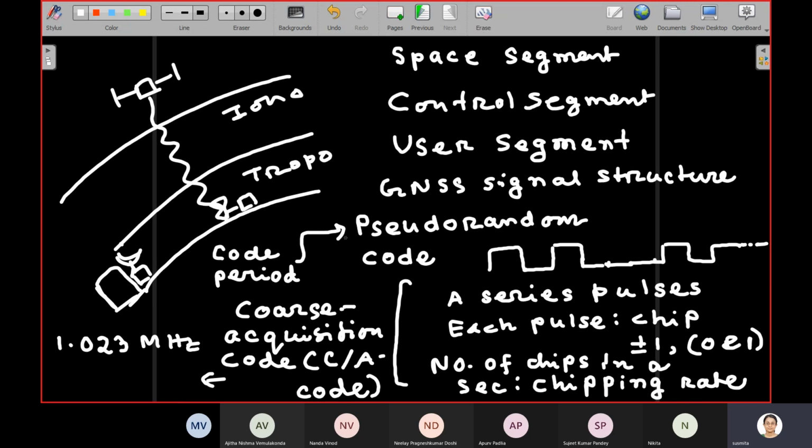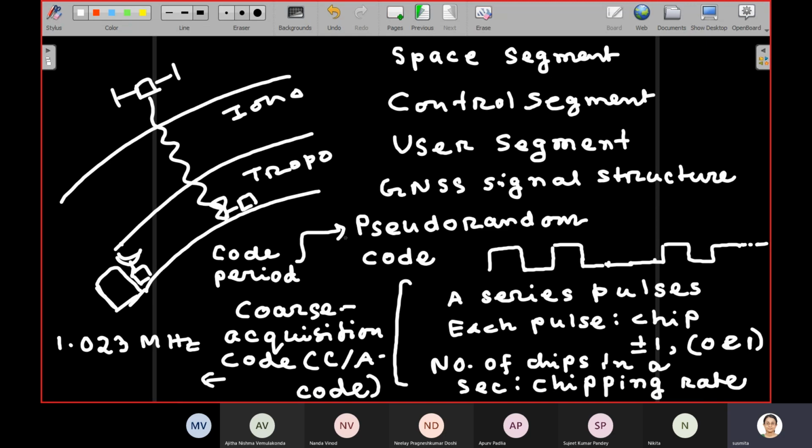So this way, by using different codes, we can uniquely identify a satellite. So we know which satellite should transmit what code. So when we retrieve that code in the signal, we'll know that that satellite signal has been received. So this is how, using this pseudo-random property of code, we can uniquely identify a satellite. So this is a sort of a key which allows us to identify a satellite.